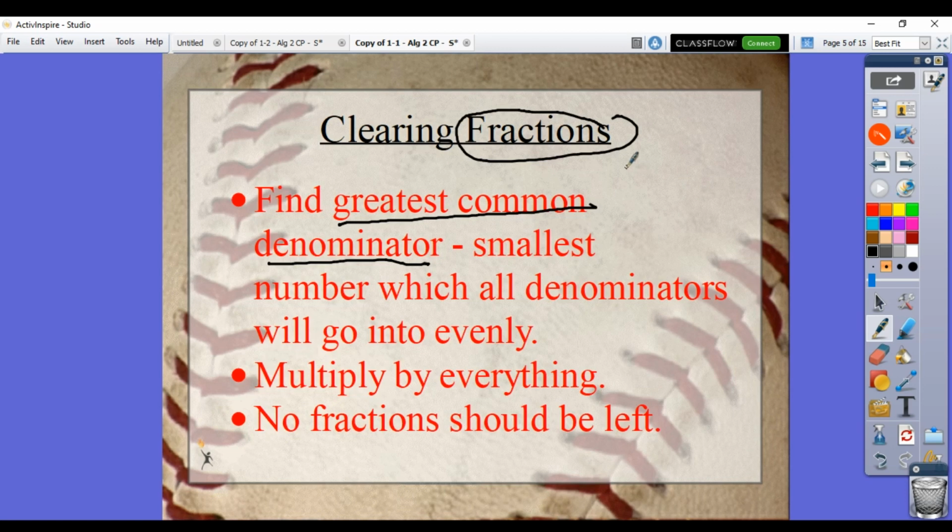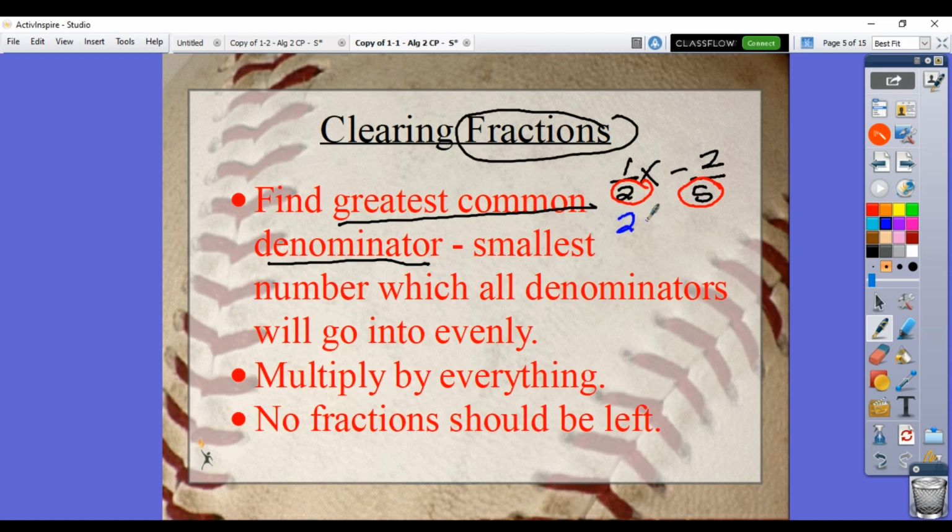Meaning to say, if I have 1/2 x, let's say, and minus 2/5, the denominators here are 5 and 2, right? The common denominator of 2 and 5 will be what? If you answer 8, you're wrong. It has to be 10.